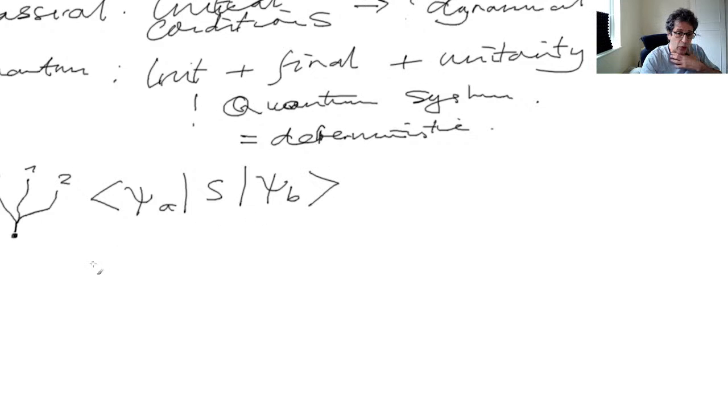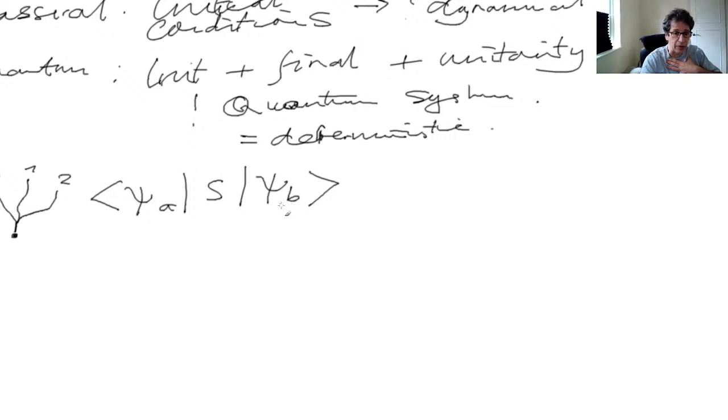That's our S matrix for a quantum theory, where we normally think of phi A as being the ingoing particles, phi B being the outgoing particles, S being a unitary S matrix operator, and this giving us the amplitude of this interaction, with phi A incoming and phi B outgoing.